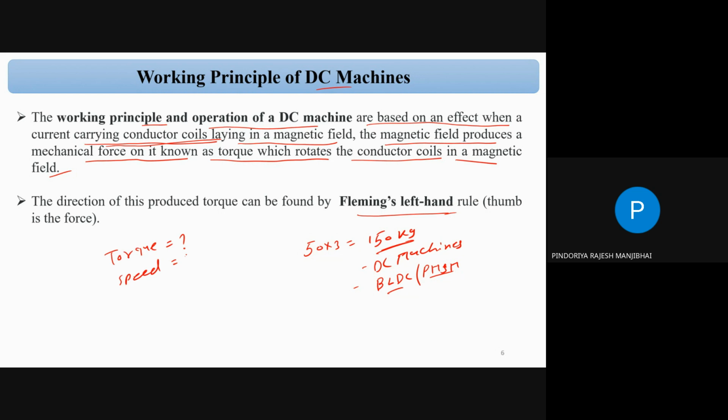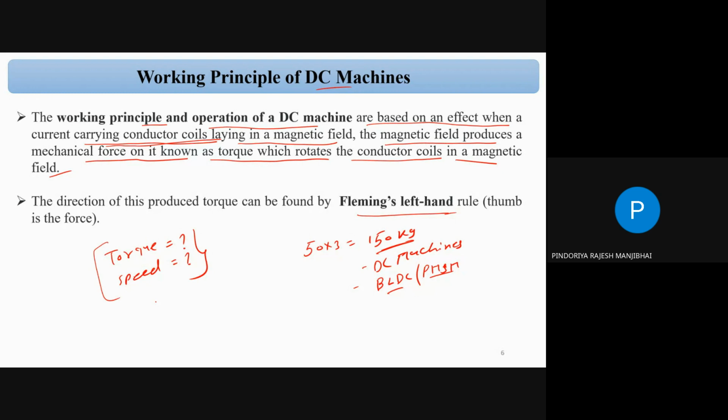These two parameters are the most important factors while designing any type of machine, maybe AC machines, maybe DC machines. Depending on the customer's parameter specification, we have to design the motor. But those parameters are only torque and speed, correct?